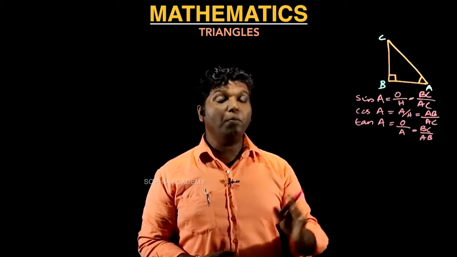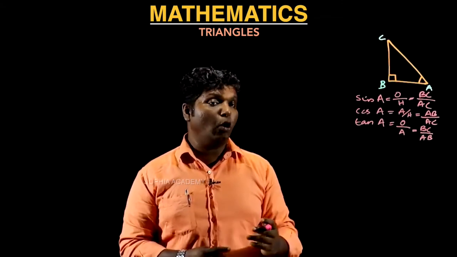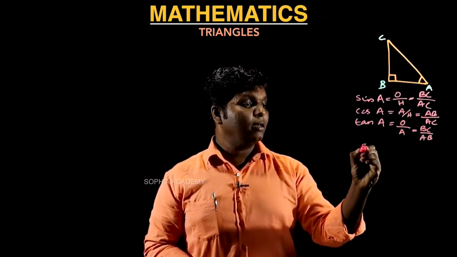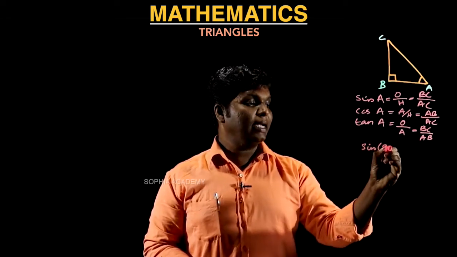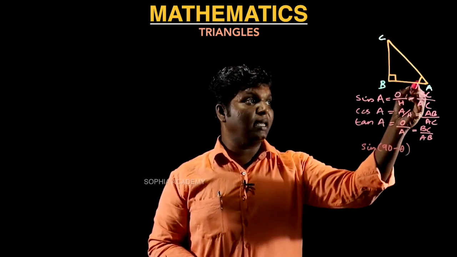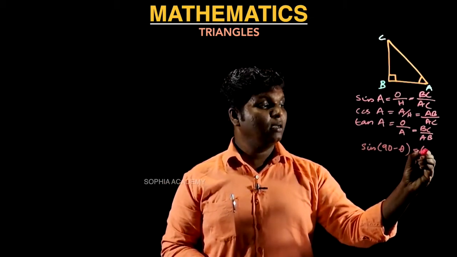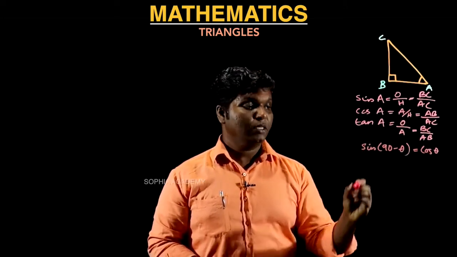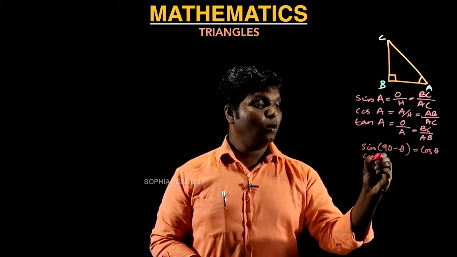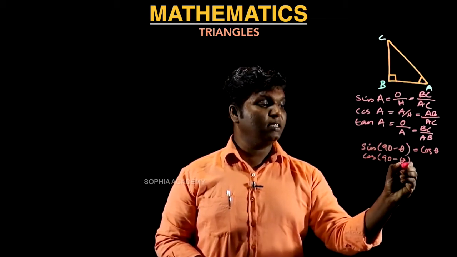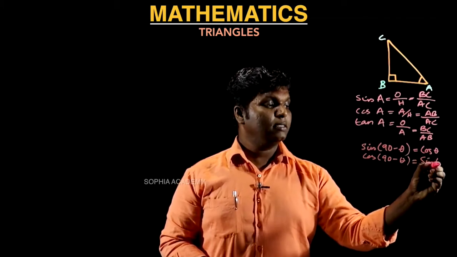Next one, the complementary angles. When you're studying about complementary angles, sine of 90 minus theta. I told you theta means this measure is what we call theta. Sine of 90 minus theta is cos theta, and just the opposite, cos of 90 minus theta is sin theta.